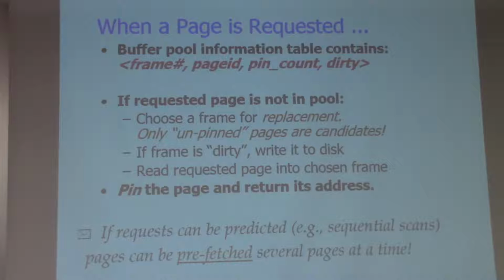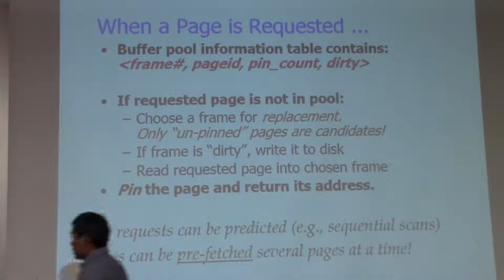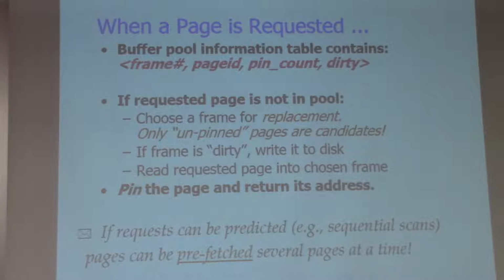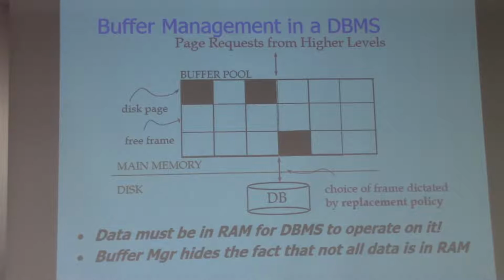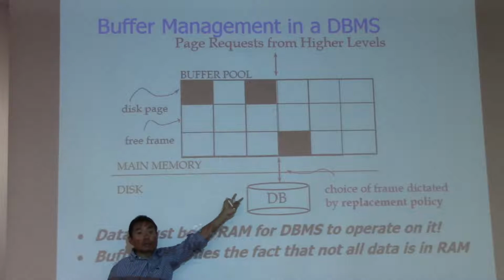And the way that the database management system manages this is to use a particular data structure, which is very simple actually. You have a frame number, a page ID, a pin count, and a dirty flag. The frame number basically gives you an index into these frames in a buffer. That's very simple.